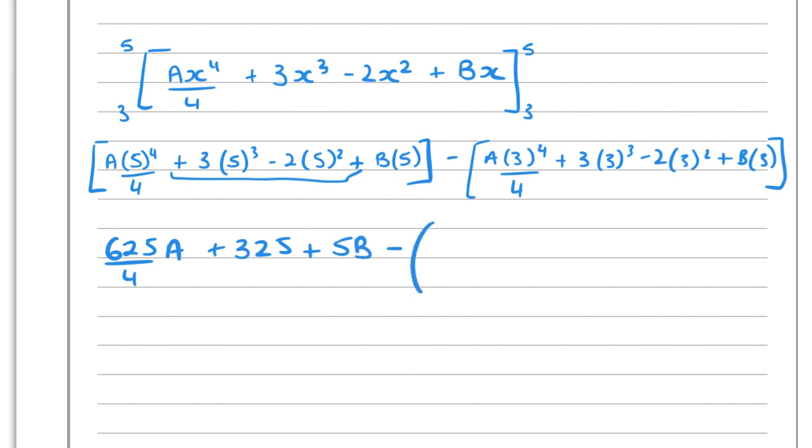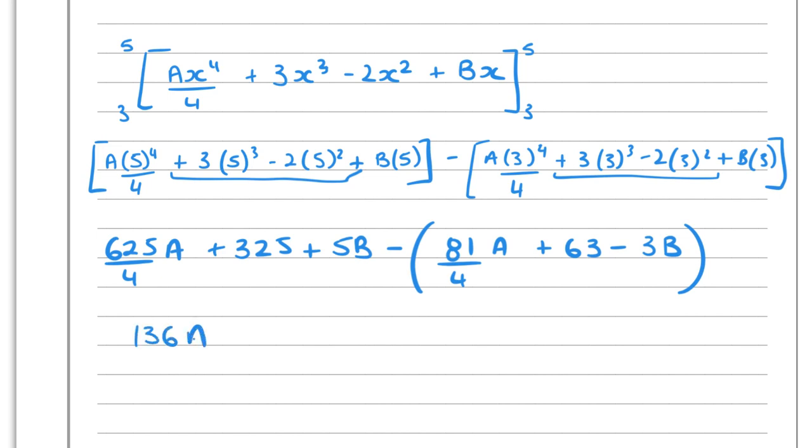Now I'm going to minus 3 to the power of 4 is 81 over 4a. Again, I'm going to just do this all in one go. 3 times 3 cubed minus 18 plus 63 minus 3b. Okay, so what I'm going to have, I'm going to have 625 over 4 minus 81 over 4. Okay, so I get 136a.